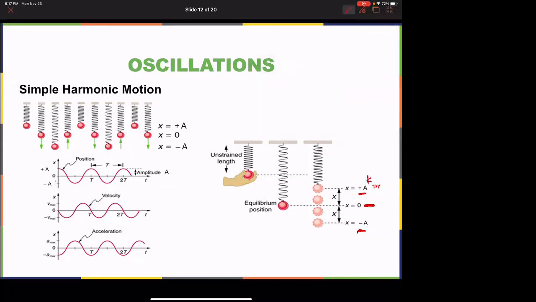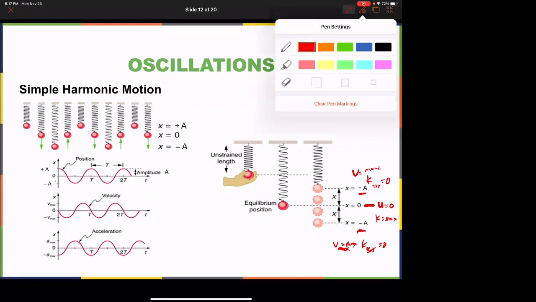Remember, your kinetic energy at the top equals 0 and your kinetic energy at the bottom equals 0. And U is at its max at the top and the bottom. And then in the middle, U equals 0 and K is the max. So you have your biggest velocity in the middle of your path. And that's what this is showing over here.